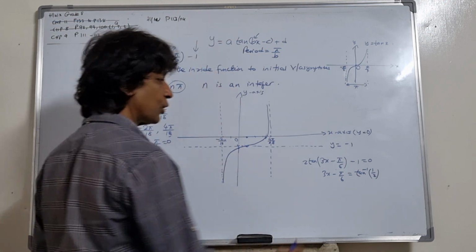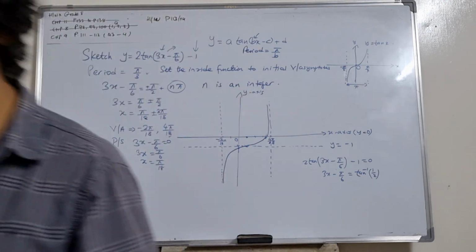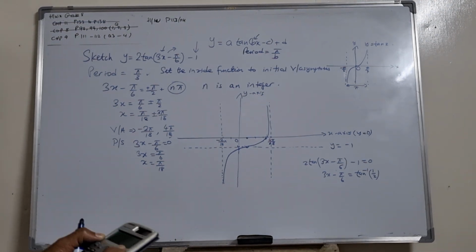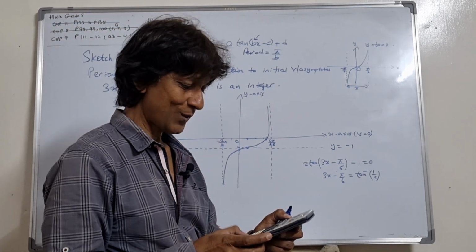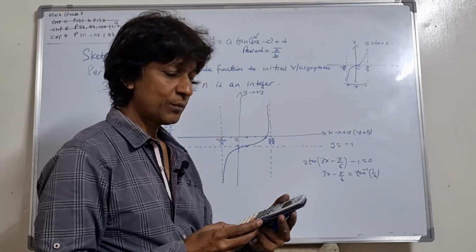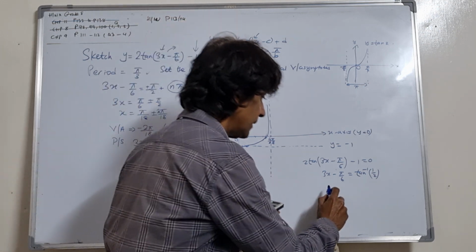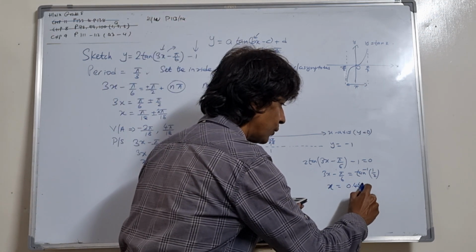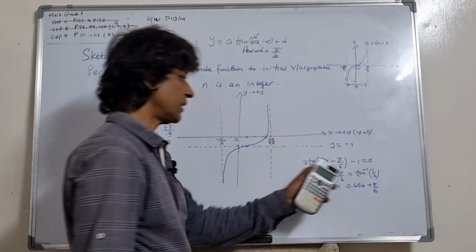So if you were to solve this, let me just try and get a calculator here. I'm looking for the tan inverse of 0.5. Turns out to be 0.464. And then, of course, x can be found by taking this value here, 0.464, plus pi upon 6, because this is minus.